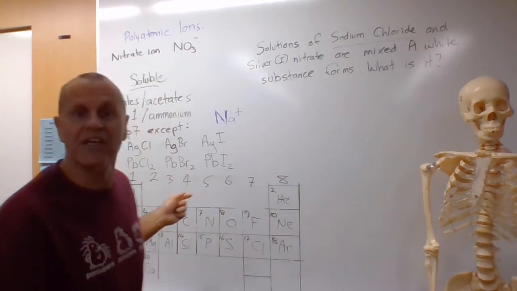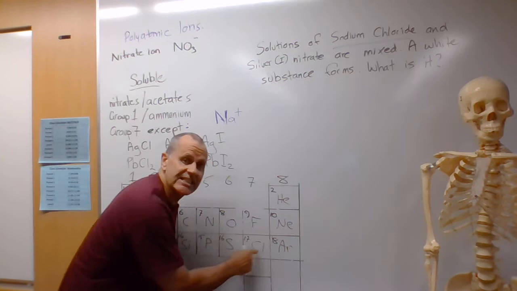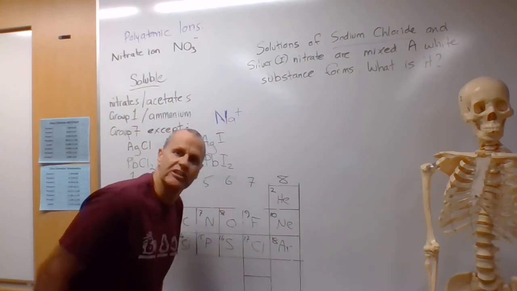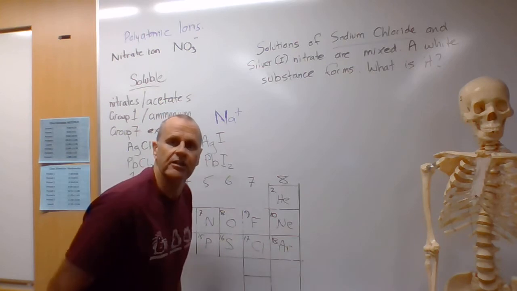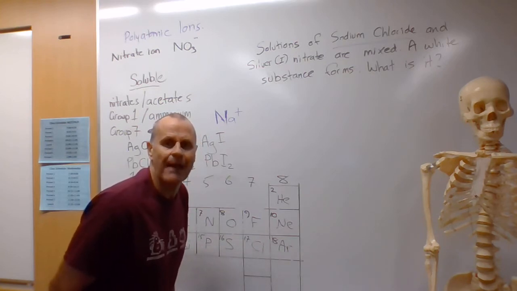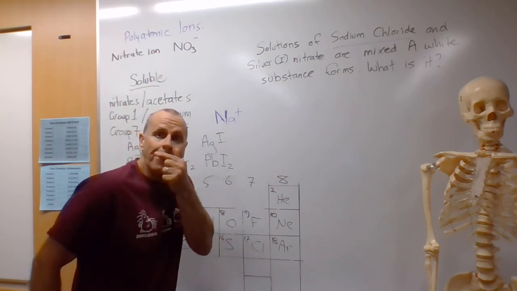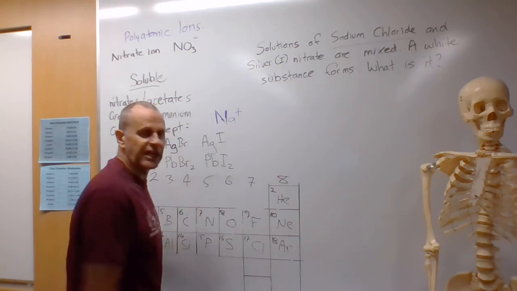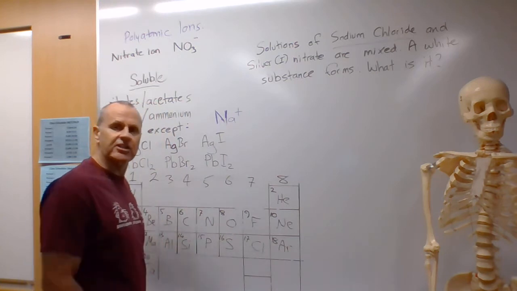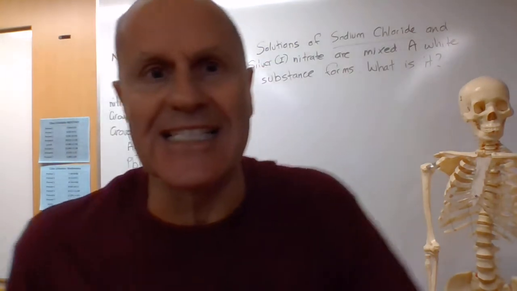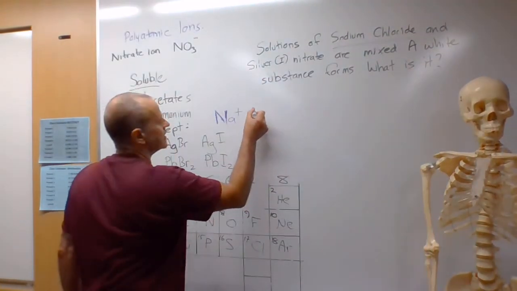And if it's got 7 valence electrons, it tends to gain 1 electron in a chemical reaction in order to become stable, like argon, which is a noble gas. It doesn't do anything. It's stable, it's happy, it does nothing. But chlorine needs to gain 1 electron to be like argon. And if it gains 1 electron it is negative. So a chloride ion has a single negative charge. There it is.